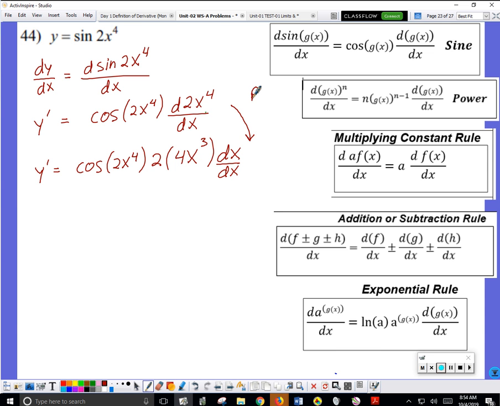So this was power and multiplying constant. Whenever you use the power and multiplying constant together, these two values will always multiply. So that's 8.